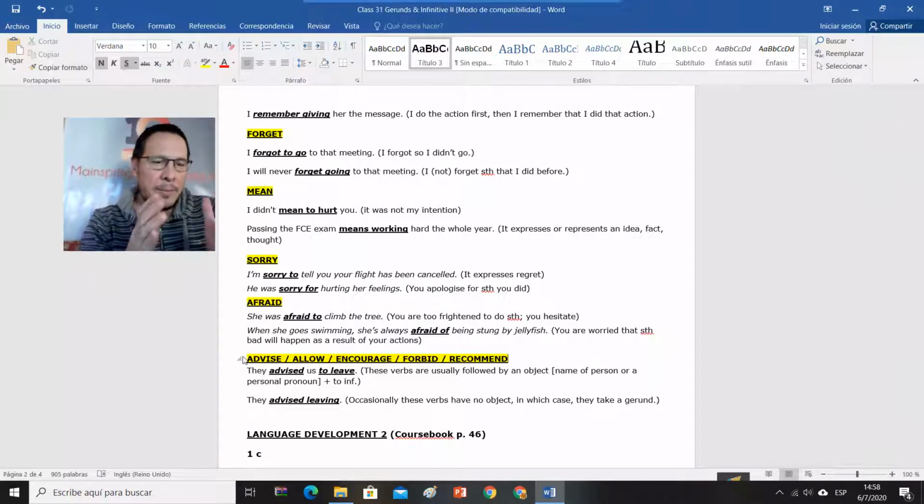Let's focus on a verb like advise, which is a very well-known verb by all of you. Yes, they advised us to leave. That is the usual case. These verbs are usually followed by an object, the name of a person or a personal pronoun, plus to infinitive. Advise somebody to do something. That is the usual structure.